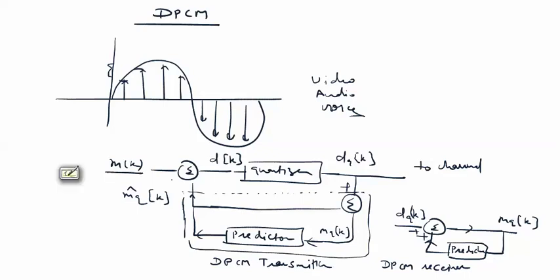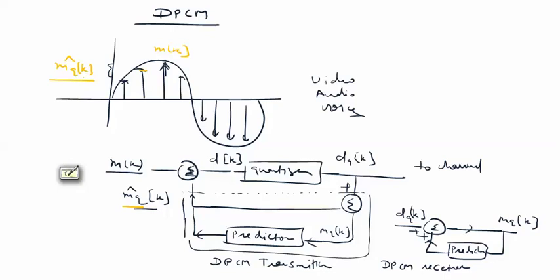We transmit MK, which means the sample value. MK is transmitted, and then the previous value of MK. If I mark this sample as MK, the previous quantized value of MK is marked here as MQK-cap.